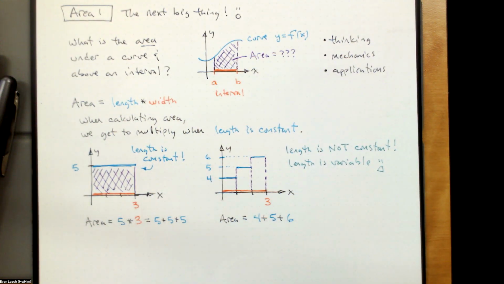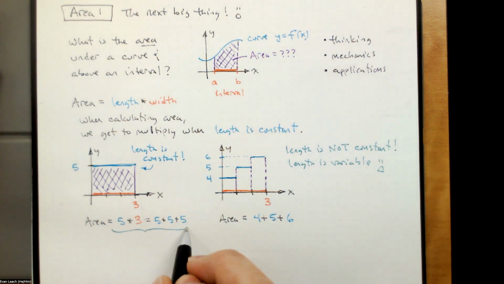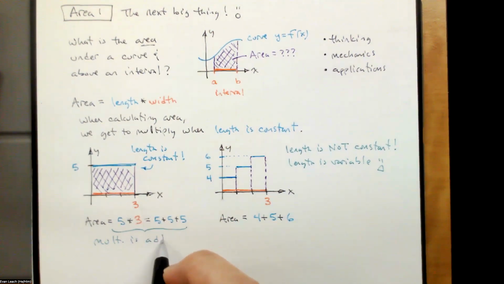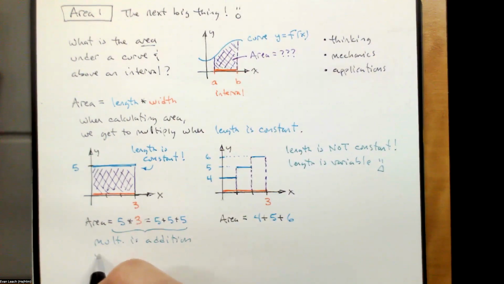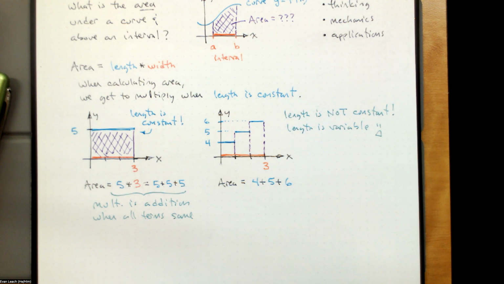So the reason that we get to multiply when length is constant is because multiplication is addition when all the terms are the same.